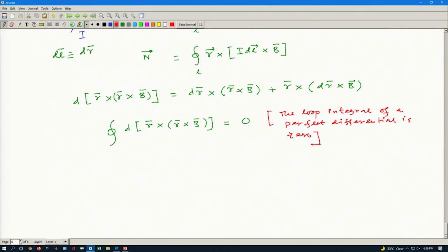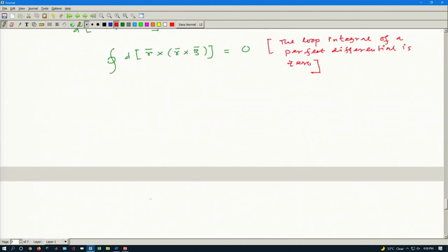Okay. So, that quantity should be 0. Now, if that is the case, then we can exploit this to find the relation that dr cross r cross B is equal to minus of r cross dr cross B.